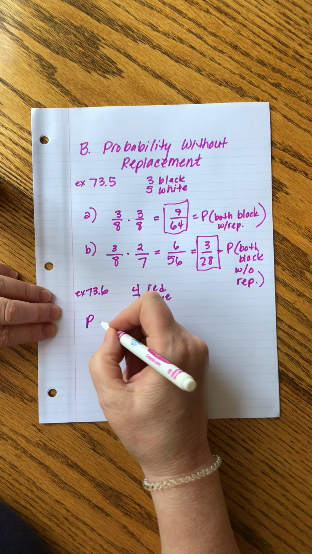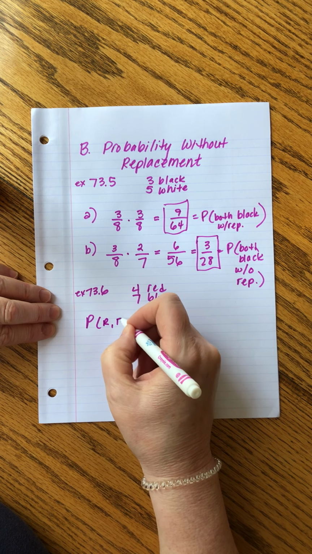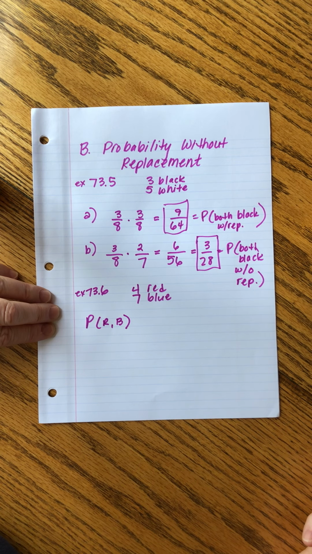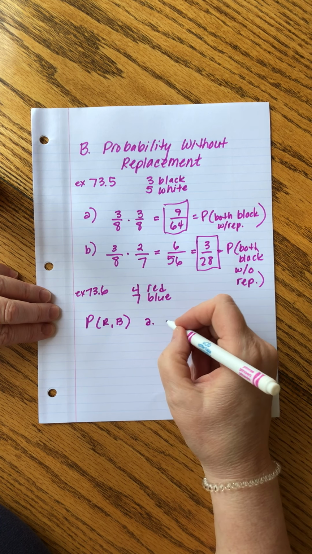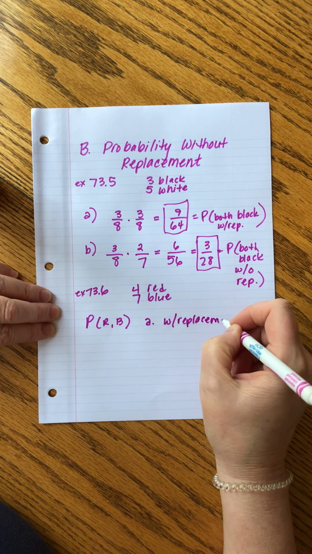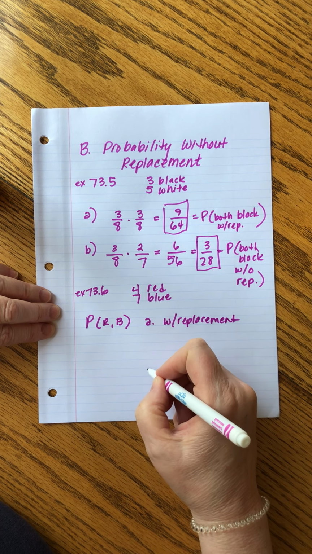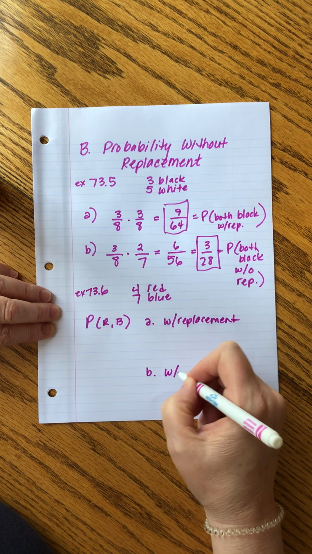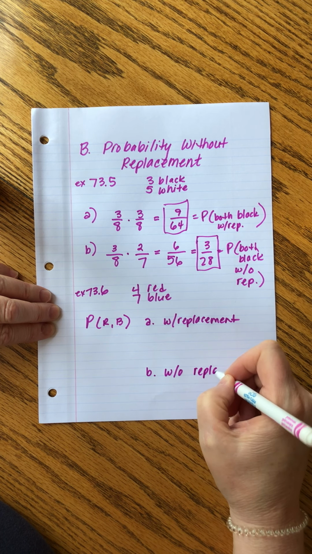Okay, so the probability of red then blue. And there are 2 ways. A is with replacement, and B is without replacement.